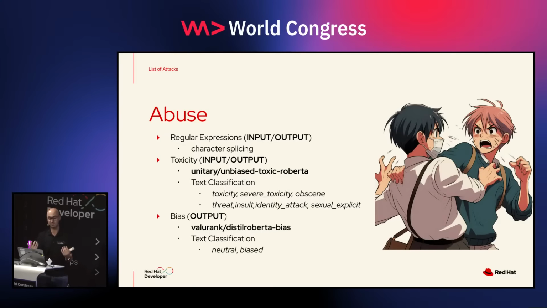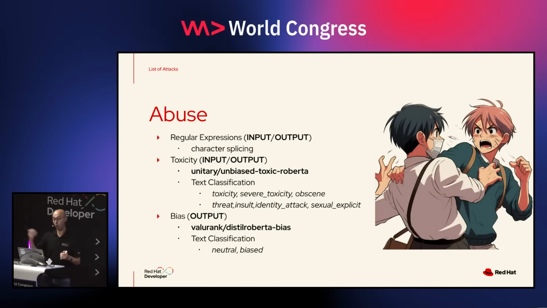You don't want insults, identity attacks, or sexually explicit content. The Unbiased Toxic RoBERTa model can detect that a text, for example, contains sexually explicit content, so I avoid sending it to the model.